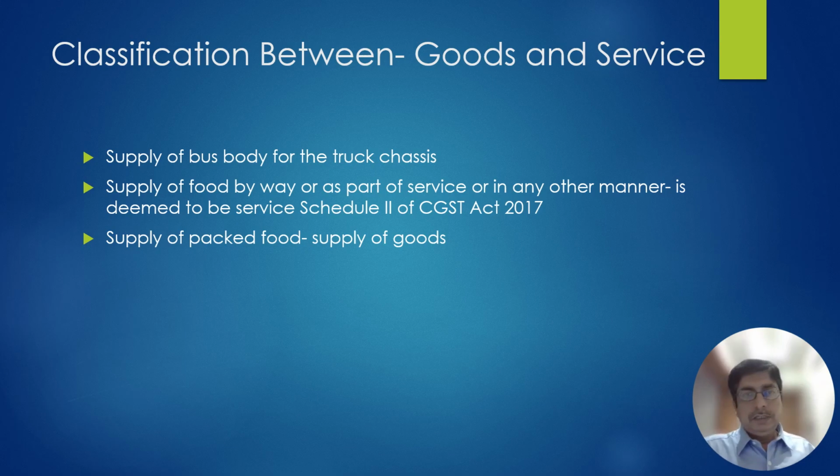Next is Schedule 2 of the CGST Act. Schedule 2 defines certain activities, certain supplies to be treated as supply of goods or as supply of service. This is deemed.